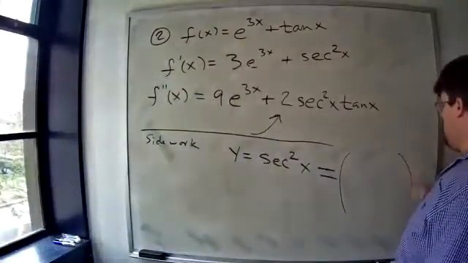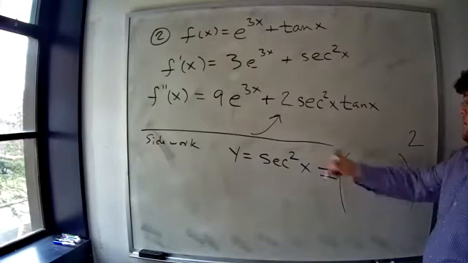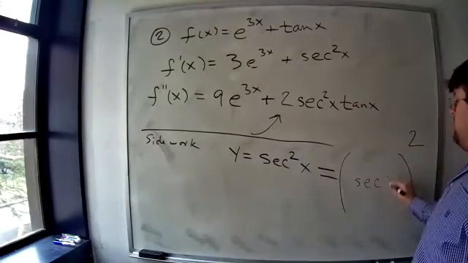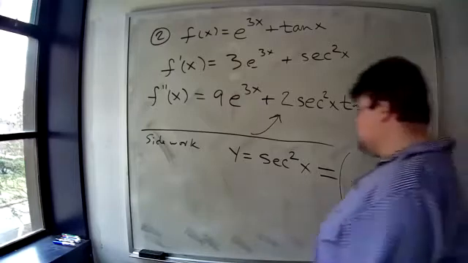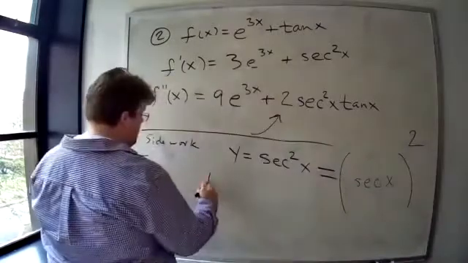Meaning, we can rewrite this as a function all squared. Which function all squared? Well, it's secant of x, all squared. And we know how to take derivatives of functions squared. We can let u be, in this case, secant x.